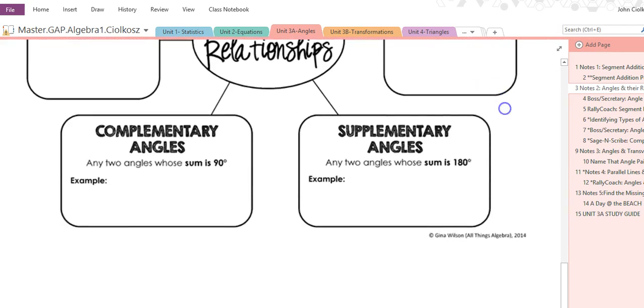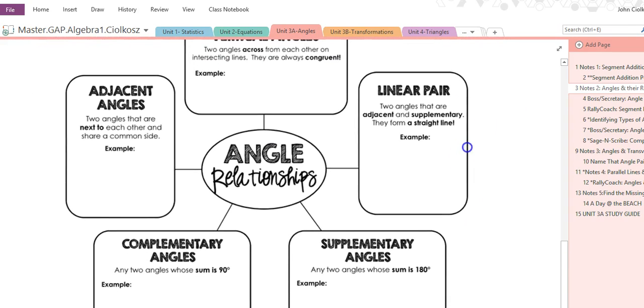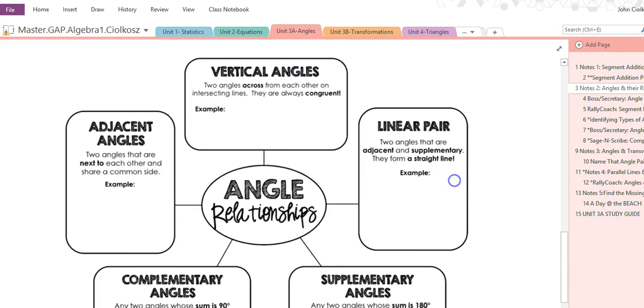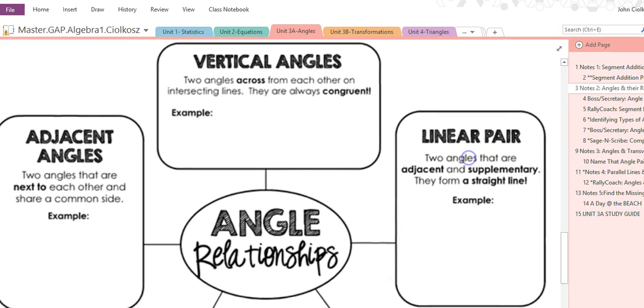Okay, couple different facts about angles here that we can use. So these are going to get in those more complex problems. Vertical angles. An example of this.